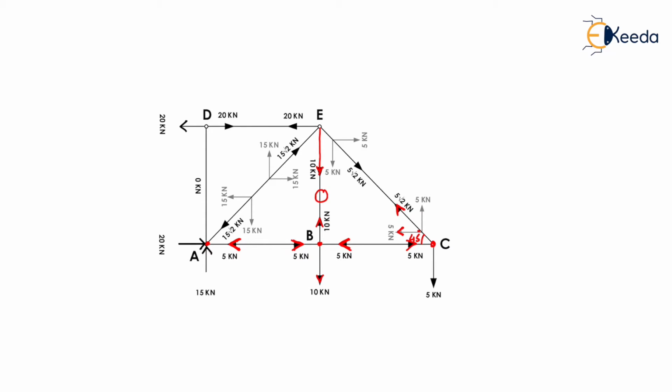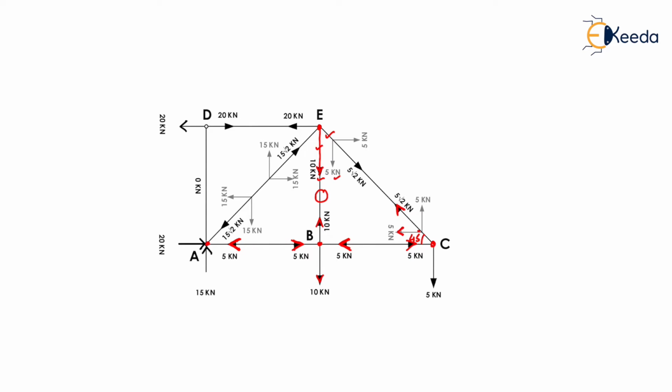Now at joint E, there will be two known forces, that is 10 kilonewton away from the joint as well as 5 root 2 kilonewton away from the joint. Now to maintain the vertical equilibrium of joint E, there will be 5 kilonewton due to the inclined component and 10 kilonewton due to the vertical member acting in the downward direction.